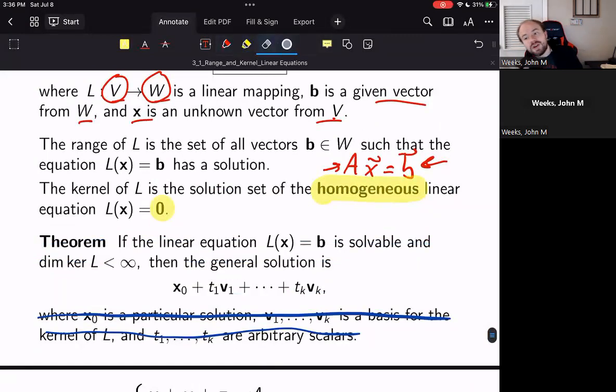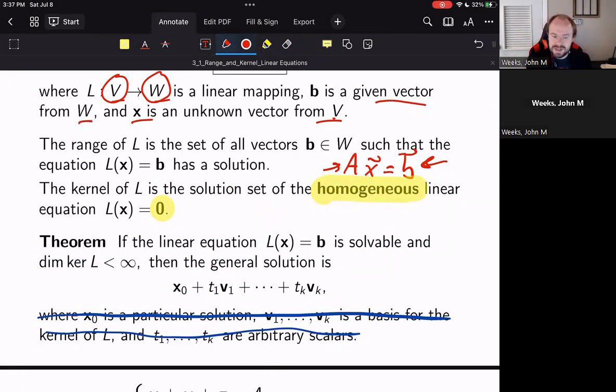Now, in general linear equations, the way that we solve these things is going to look a lot like the theory that we developed when we saw differential equations for the first time. You may remember that the way that you solve differential equations, whenever you have L of x equals b, say, for example, this was some sort of differential operator, you had L equals some combination of derivatives all put together.